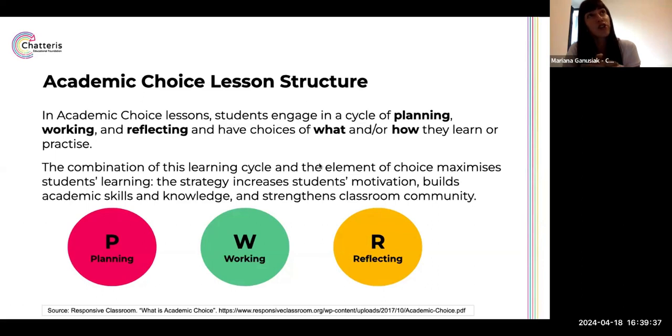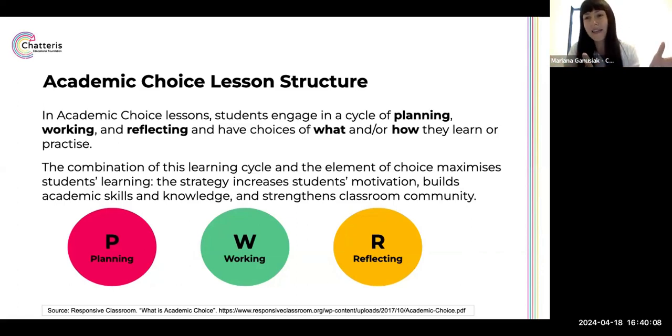When I share this strategy with teachers, very often teachers tell me, "Well, I already give my students options. Yesterday, I allowed my students to choose a partner they can work with for the final activity, or I allowed my students to choose an animal they had to present for their speaking lesson." And of course, teachers already naturally give students a lot of options and choices in their lessons.